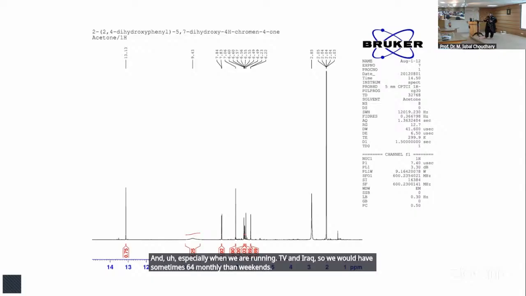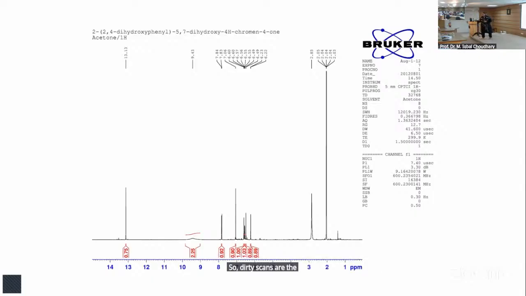Why do we need dummy scans? Dummy scans are part of your experiment, but whenever the NMR spectrometer starts giving pulses, there is a slight change in the temperature, right?